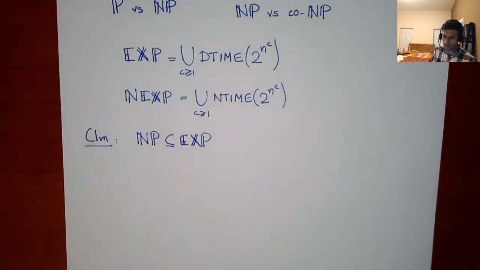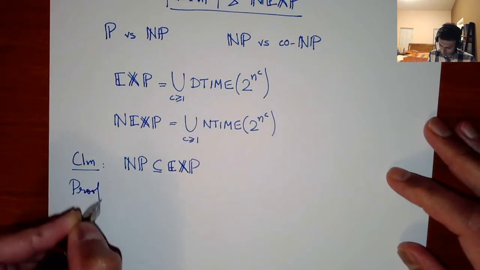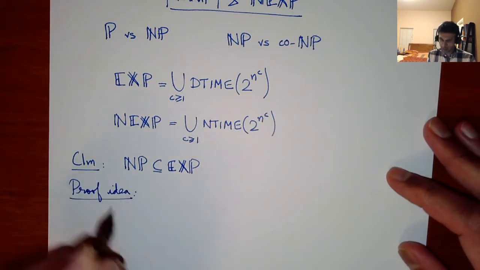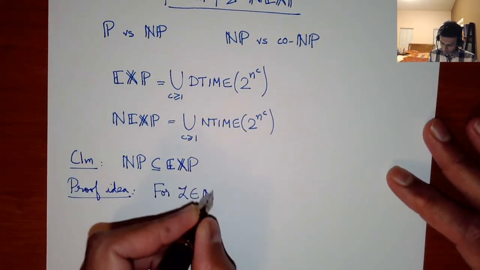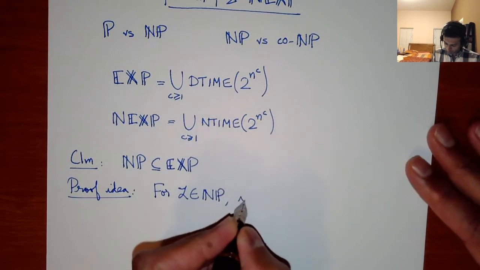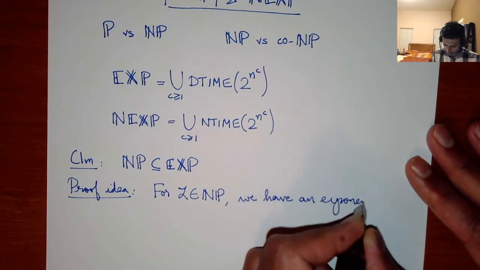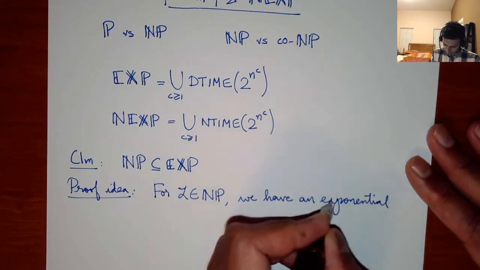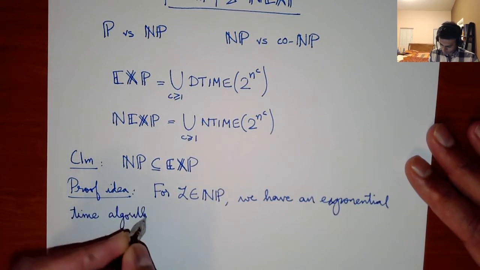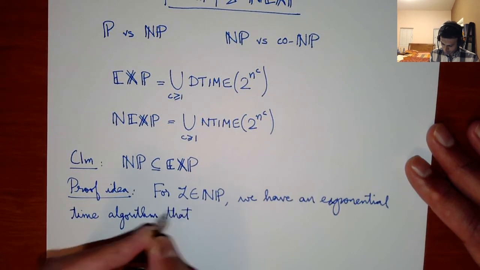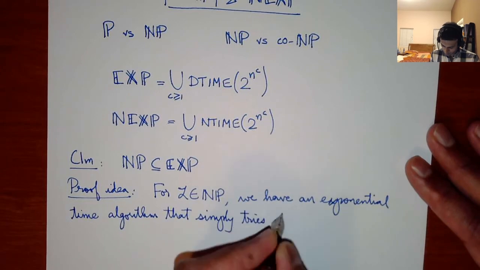I might, as an exercise, but it should be fairly easy to guess that the proof idea is simply, for L in NP, we have an exponential time algorithm that simply tries all certificates.